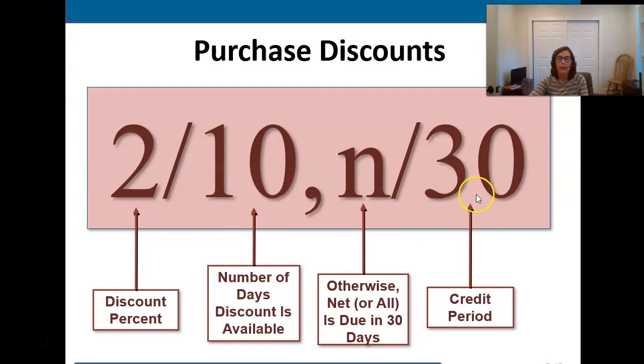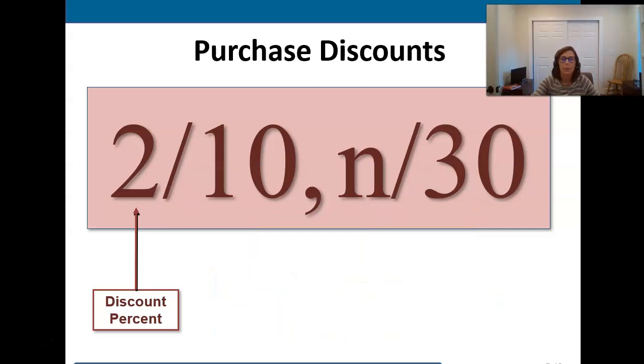So 2/10 net 30, you could see 2/15 net 30, 1/15 net 60. Who knows? I mean, it's really all about the payment terms that the company ends up with. But this format will be the same regardless of what those terms are. So you just have to know what each of these numbers means in this little formula here.